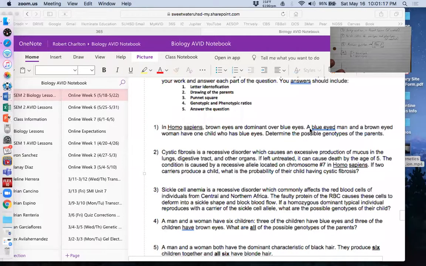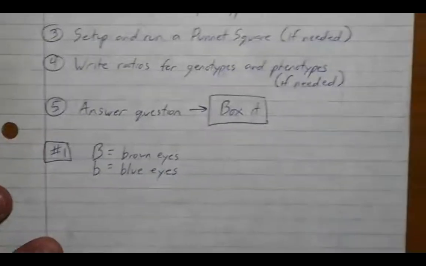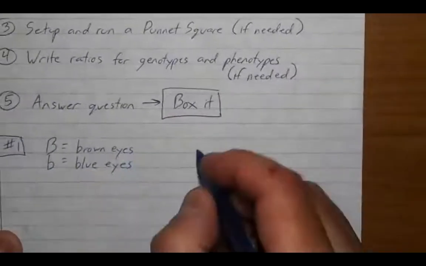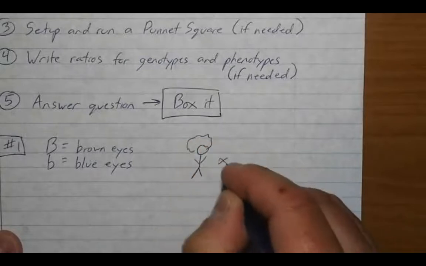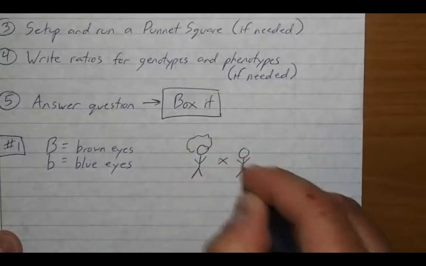Okay, what else we got? A blue-eyed man and a brown-eyed woman have one child who has blue eyes. Okay, a blue-eyed man and a brown-eyed woman have a blue-eyed child. Okay, so now this helps me. I go right to my picture from here. We've got mom, funky afro, dad.